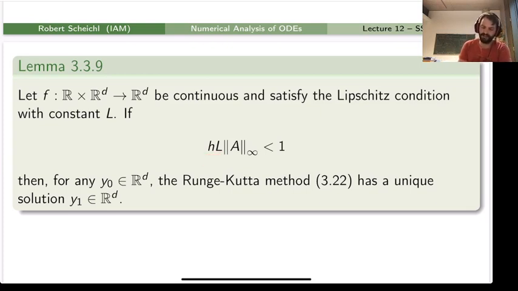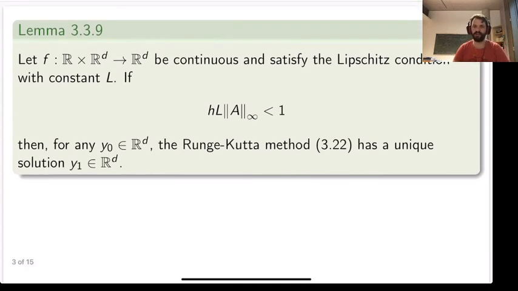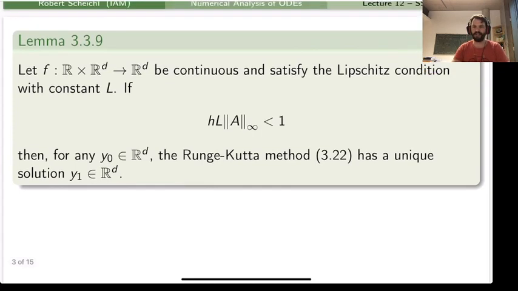Okay, so this is the first of three results I'm going to prove, and one of them I'm just going to quote. As I said, this first one here, lemma 3.39, is the most simple and the most general, but it is also the most restrictive.